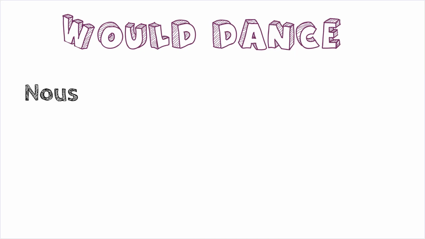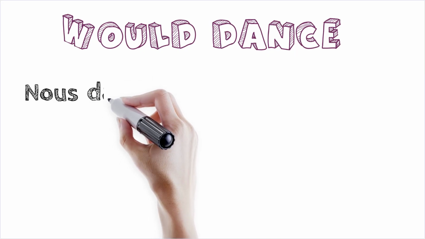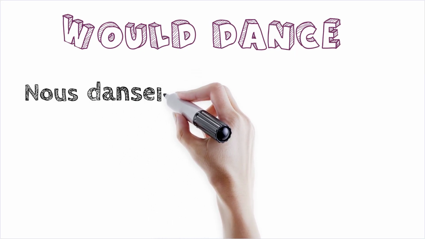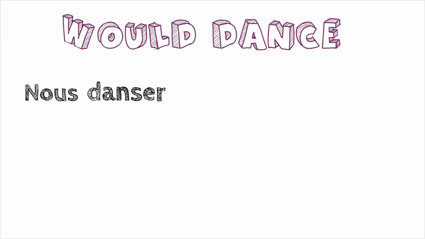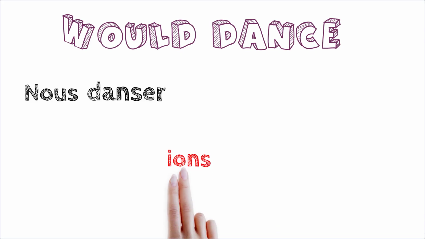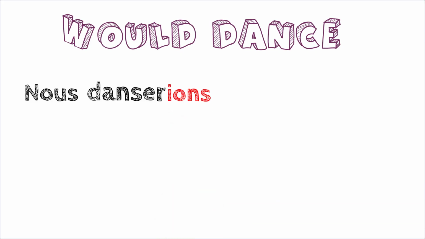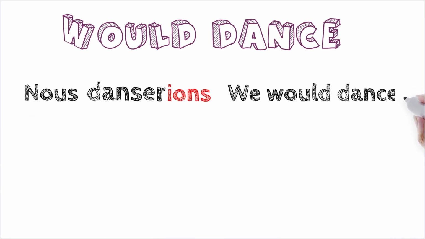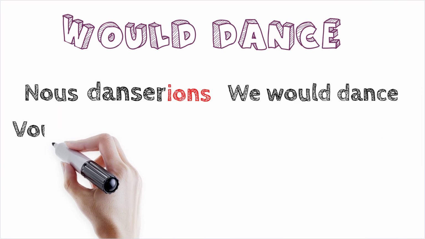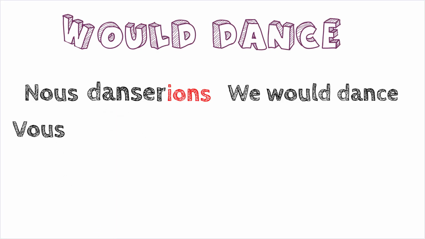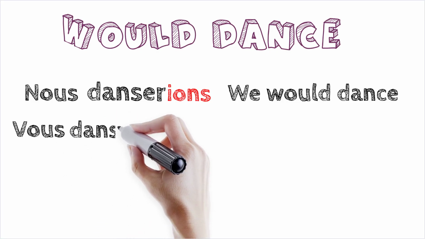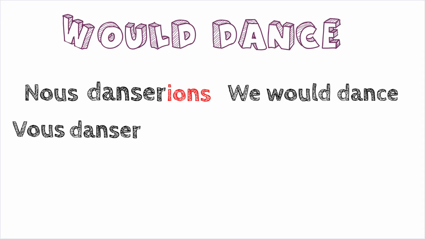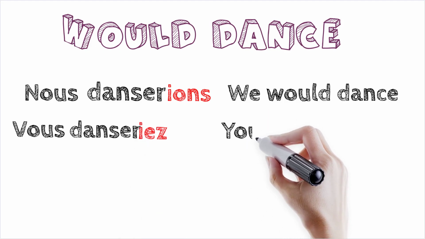And if we have a look at our plural pronouns, nous, we, danser is our stem, and then we're going to add IONS, so nous danserions, we would dance. With vous, we are going to add an IEZ, so vous, danser is our stem, IEZ, so vous danseriez.